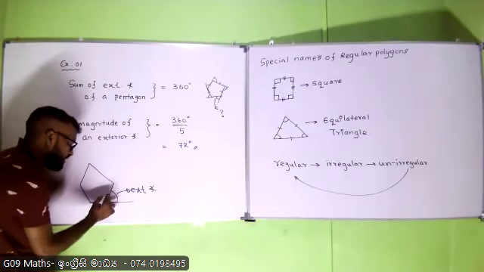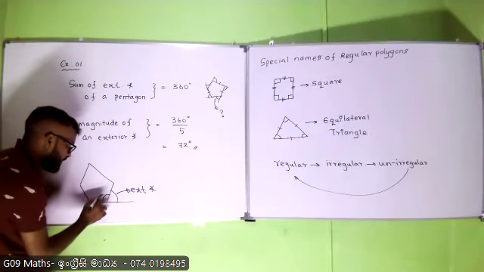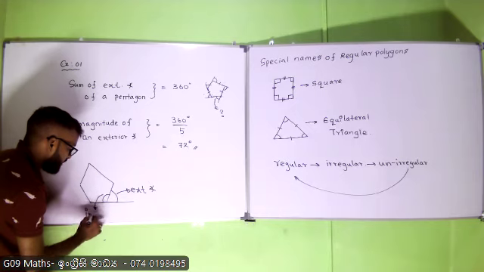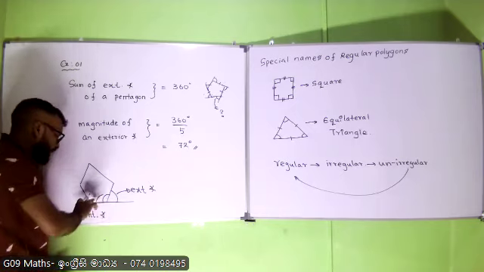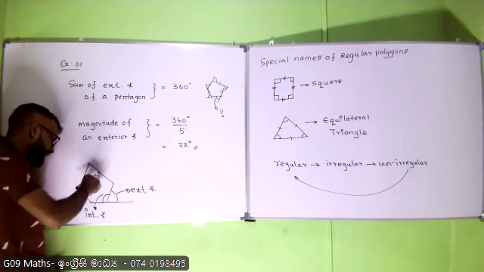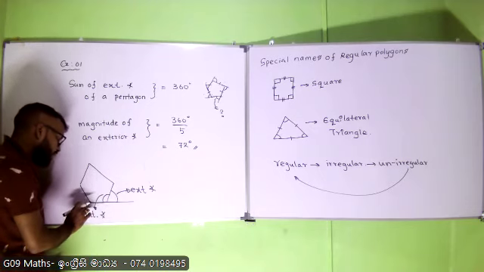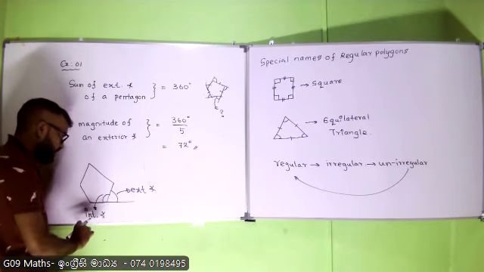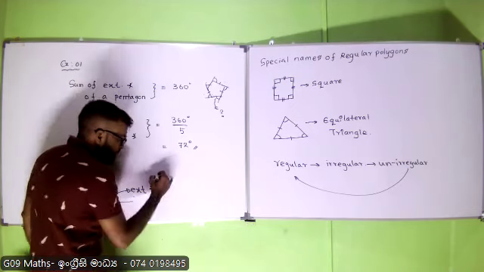The adjacent angle, this one, is my interior angle. Exterior angle and interior angle are both on the same straight line.